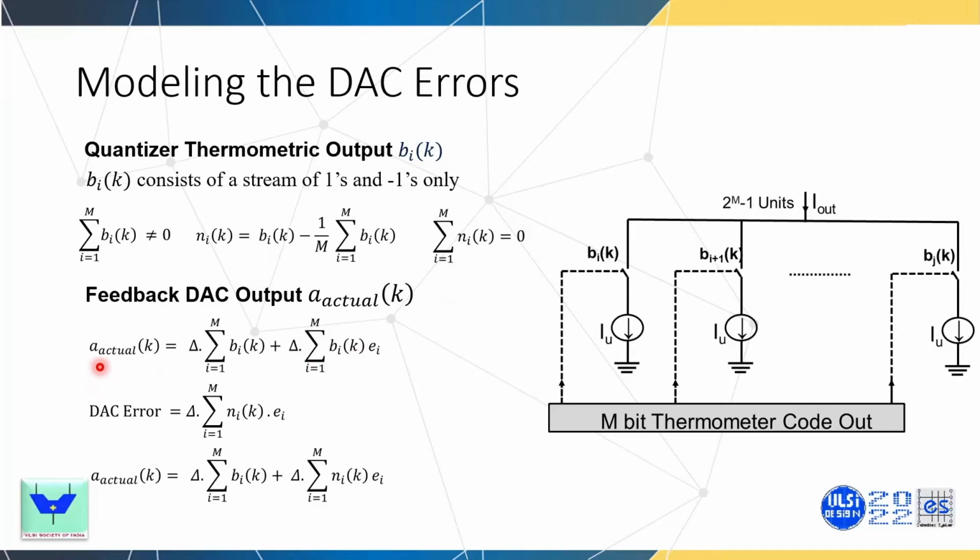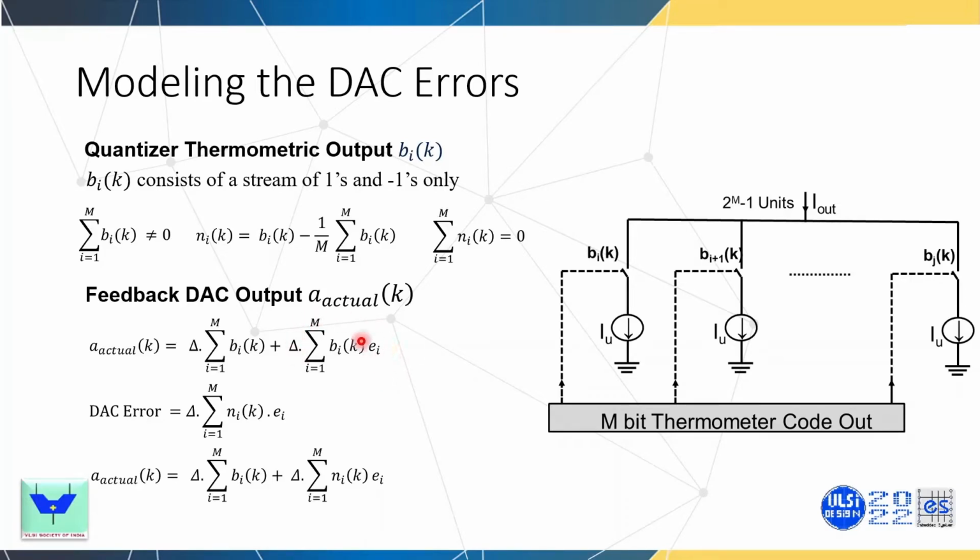And we work out the actual output here, which is basically the output of the DAC. So the DAC output is the summation of B_ik, and delta here is again the quantization step. For a non-ideal DAC you have the B_ik plus the error.